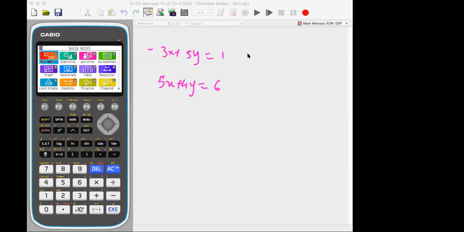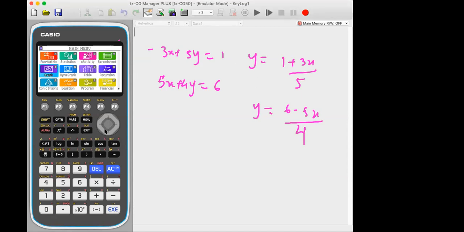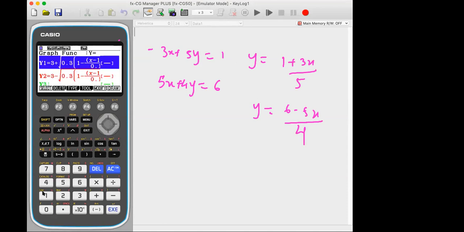We already made y the subject here. So it'll be (1 plus 3x) upon 5, and here it is y equals (6 minus 5x) upon 4. So you're just going to plot these two graphs on your calculator. If I go on to the graph here now, plot the graph: 1 plus 3x over 5.